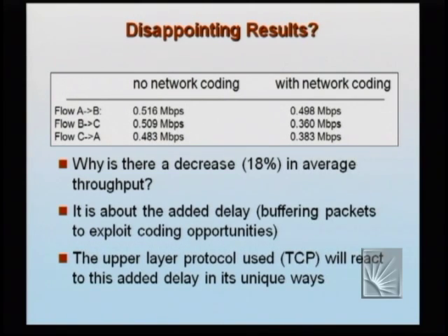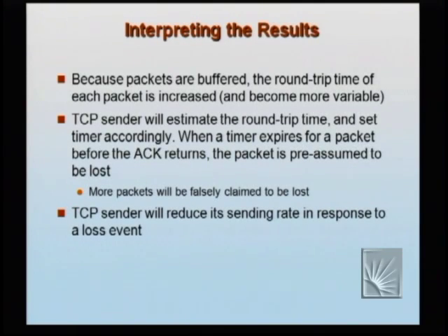So we buffer the packets. Then the upper layer protocol, we use TCP. Just want to mention again, we use TCP. TCP will react to this added delay in its unique ways. Some of you know TCP, right? And the design of TCP.